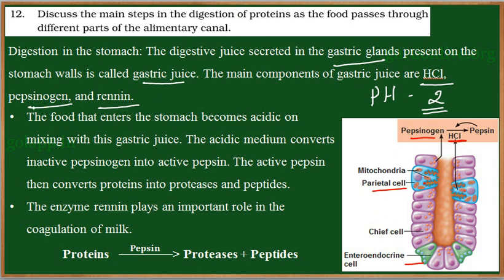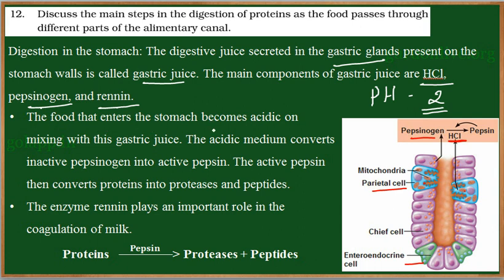So students, these enzymes, pepsinogen and renin, are the enzymes required for the breakdown of protein, but generally they are present in the inactive form. Before digestion, these enzymes should be activated, and that activation is done by the HCl.